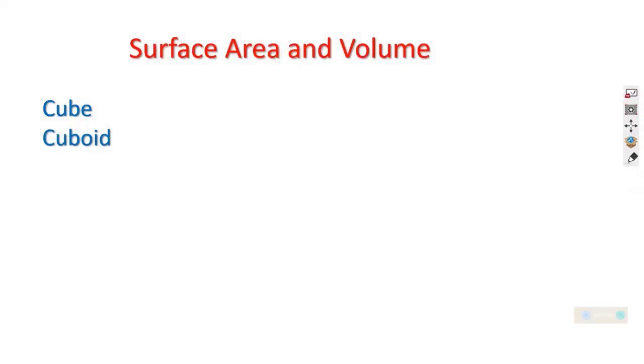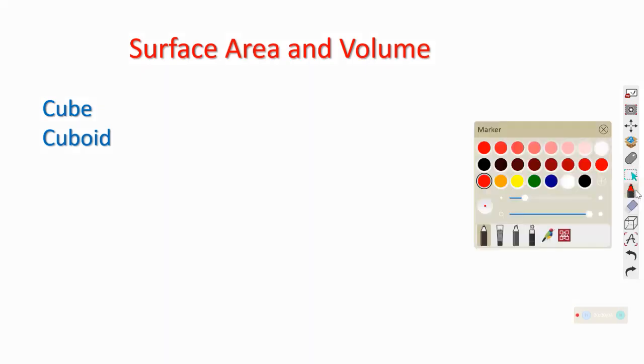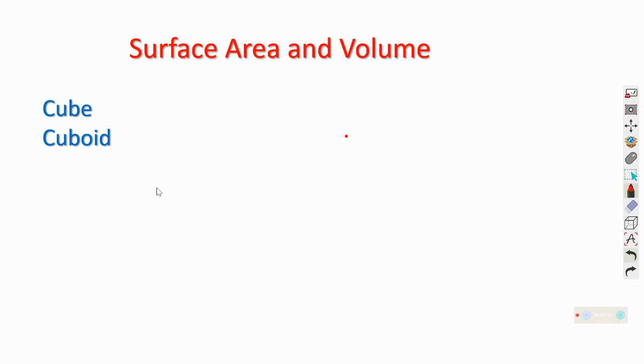Cube: you understood the concept of surface area and volume of a cube, where we found that the total surface area of a cube can be calculated by 6L square, and volume can be calculated by the formula L cube.